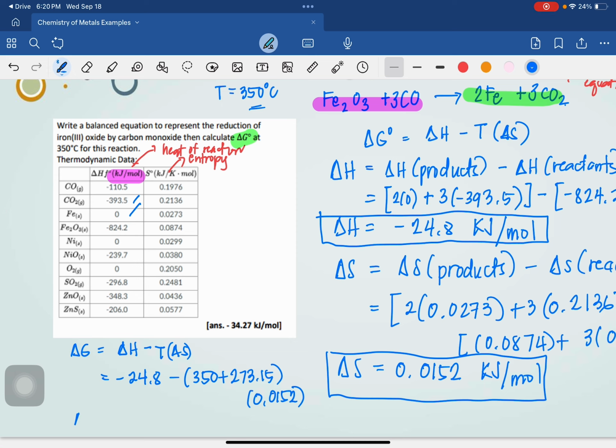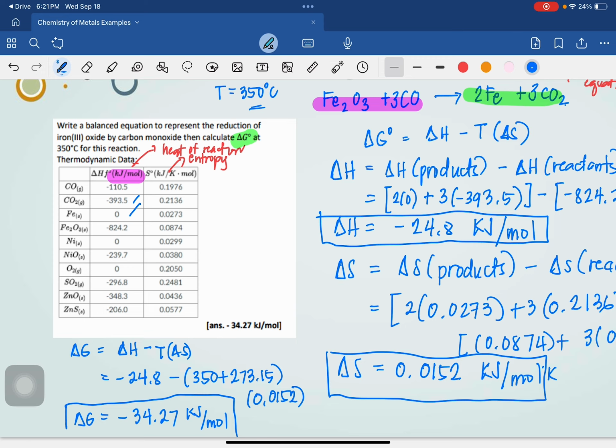And delta G, our final answer, is negative approximately 34.27 kJ per mole. By the way, you might be wondering, I forgot to put Kelvin. There I go, so as to be able to cancel out Kelvin here, so that's kJ per mole.